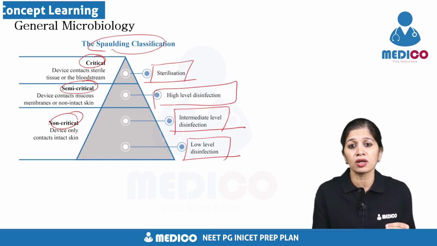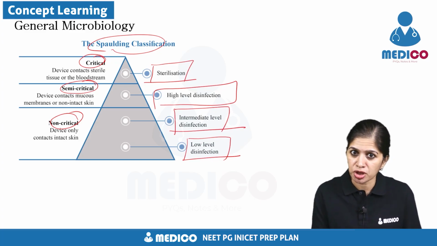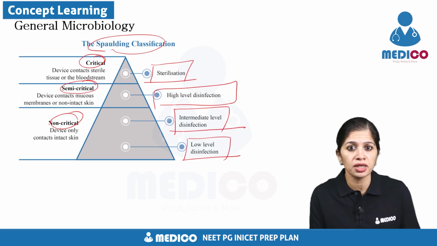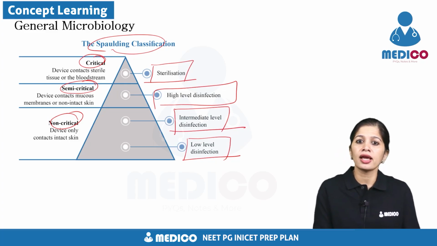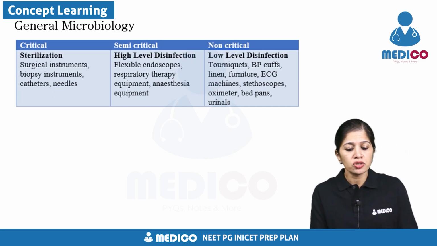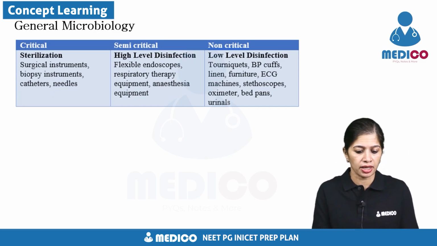Semi-critical items come in contact with non-intact skin or mucous membrane. High-level disinfection is enough. And non-critical items can have low-level or intermediate-level disinfection, and they come in contact with the intact skin. So here are some examples of critical, semi-critical and non-critical items.